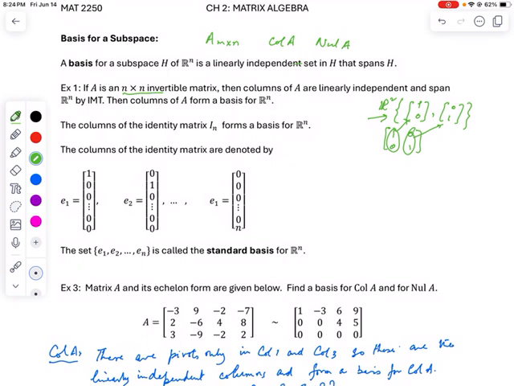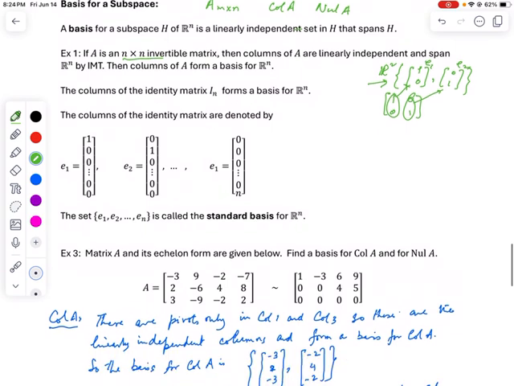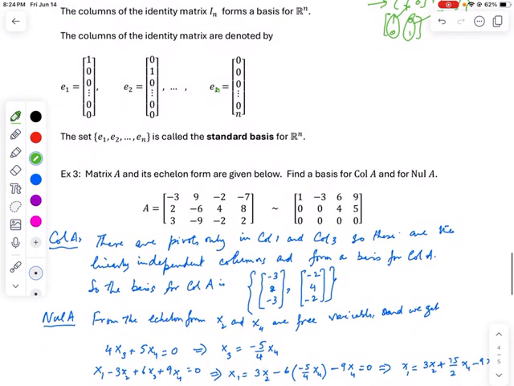Now the columns of the identity matrix have names: E1, E2, E3. So here this is E1, this is E2. In R3 we have three basis vectors. In R4 we will have 4 basis vectors, and so on. So if we have n, this will be En, n basis vectors. This type of set we call the standard basis for Rn.